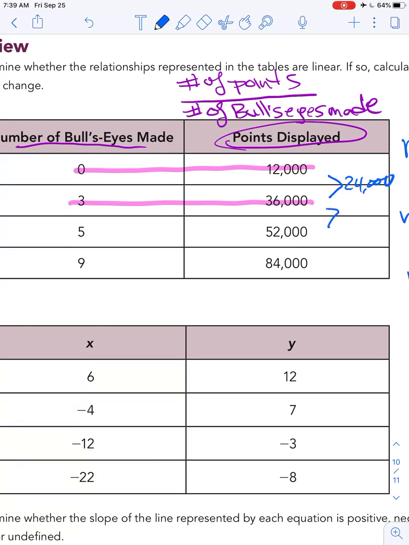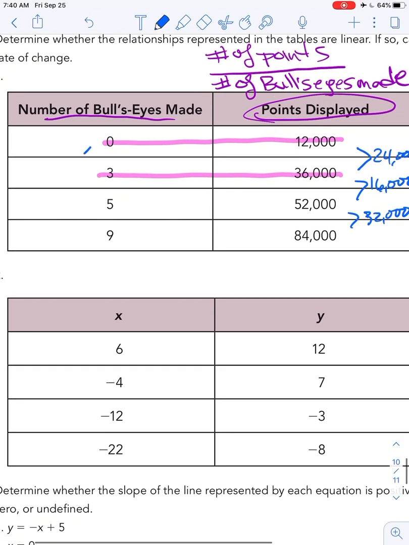This right here, 52,000 minus 36,000, I would have gotten 16,000. And this 84 minus 52 would get me 32,000. This over here goes up by 3, goes up by 2, goes up by 4.